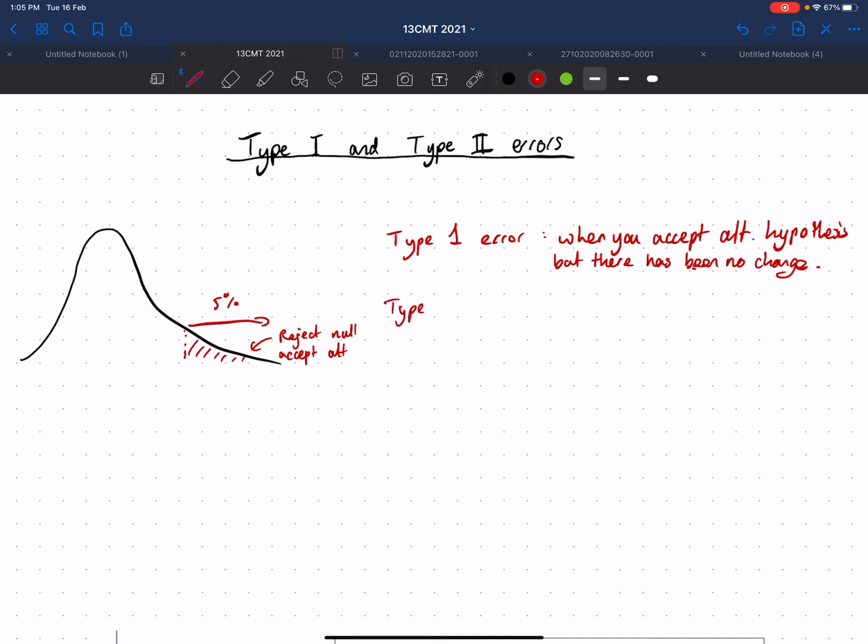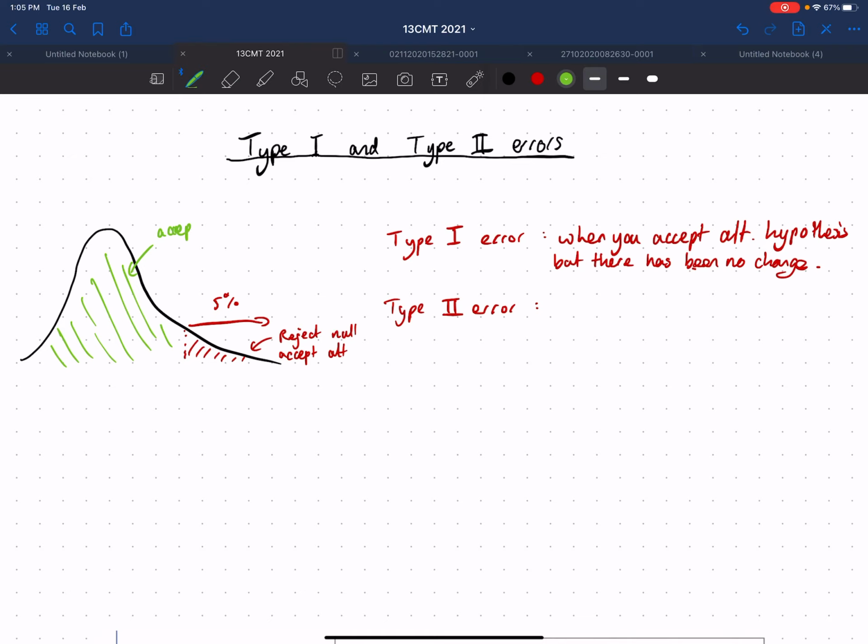So a type 2, actually they're not written as type 1 and 2, they're written as Roman numerals, it seems, quite often. So type 2 error is when you don't have enough statistical data to reject your null hypothesis, so you accept your null hypothesis.